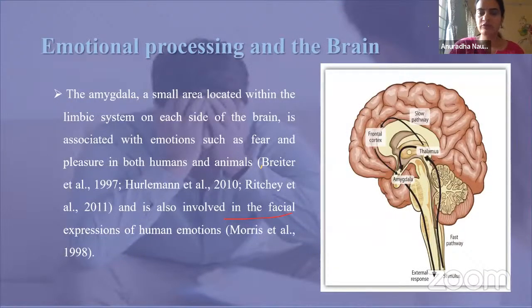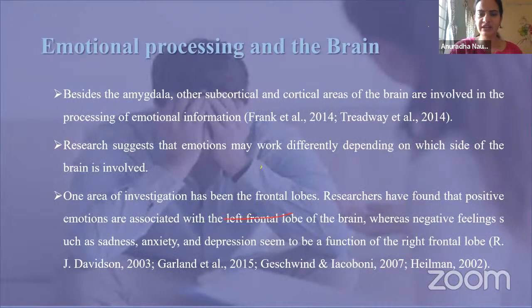So different areas of the brain are involved in how we perceive emotions. The major one is the amygdala, which is involved in fear and pleasure, and also facial expression. Other areas are also involved. And the left side of the brain is associated with positive feelings, while negative emotions are associated with the right frontal lobe.